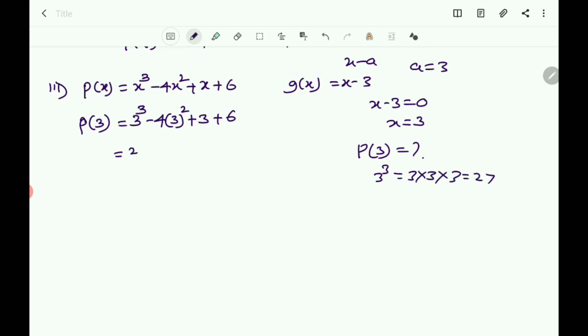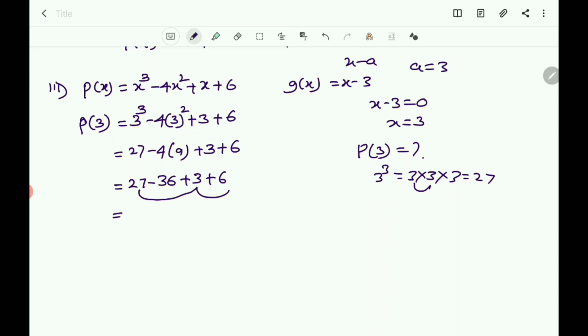This is 27 minus 4 into 3 square, which means 3 into 3, that is 9, plus 3 plus 6. Then it is 27 minus 36 plus 3 plus 6. Then here you add the positives, these 3.